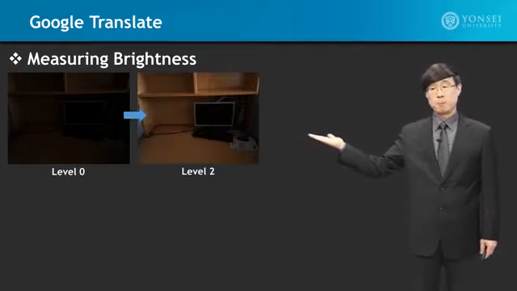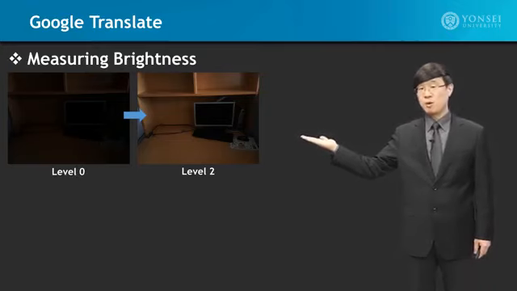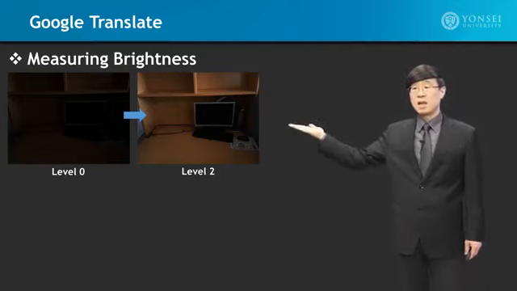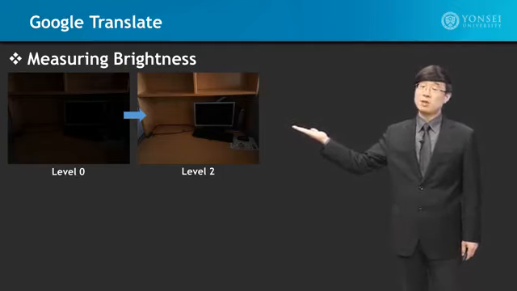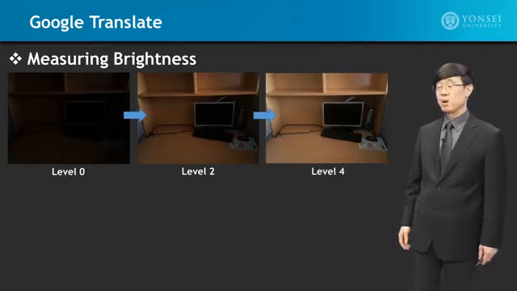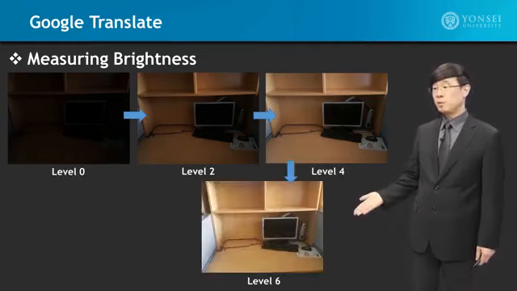Then level 2, which looks like this, a little bit brighter. We will also use the intermediate stages, which is level 1, which is right between these two. And I think that you can imagine what a level 1 would be like. Then going into level 4, which looks like this, much brighter but not totally bright. Then a level up will be level 6.